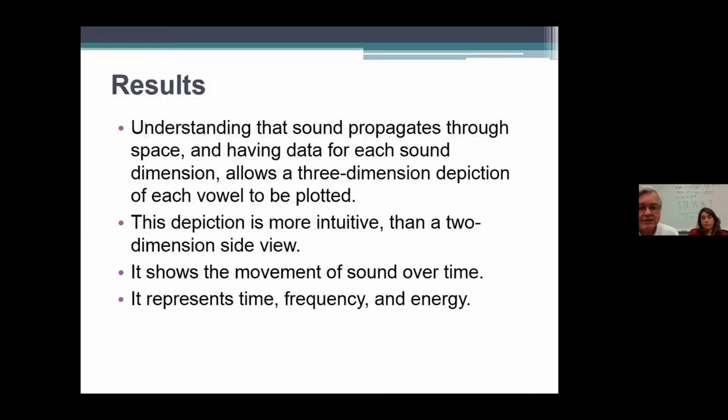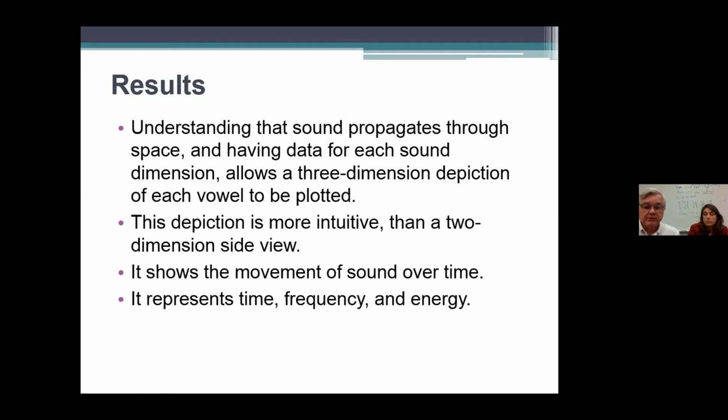Okay, so here are the results. Understanding that sound propagates through space, as I was explaining earlier, as an impulse through a medium, through air, and having data for each dimension allows a 3-dimensional depiction of the vowel to be plotted. So we have frequency, we have time, we have energy.